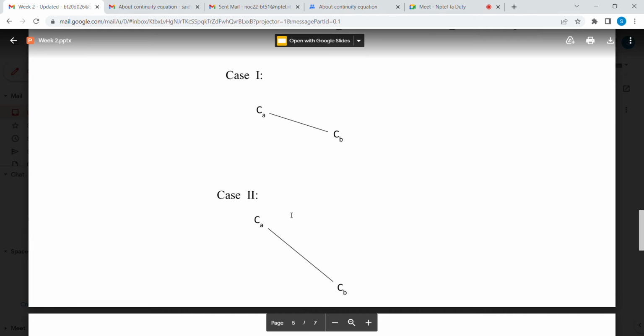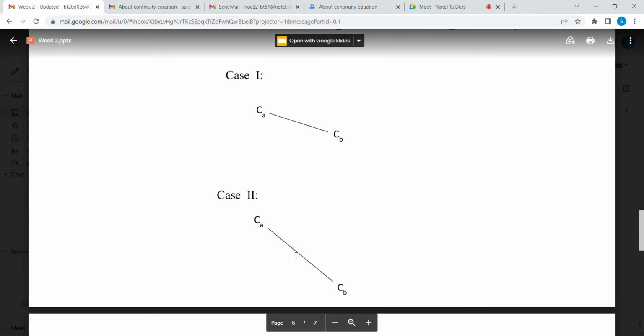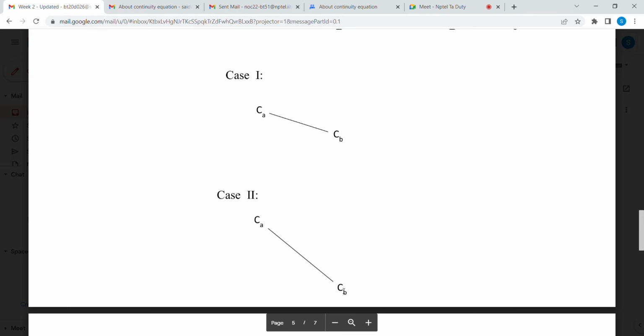Now let's say we have another bottle with the same particles. The concentration of the particle at a point A is Ca, and at a point B is Cb. Now what is the difference between this and this? It is the steepness of the concentration gradient, correct?